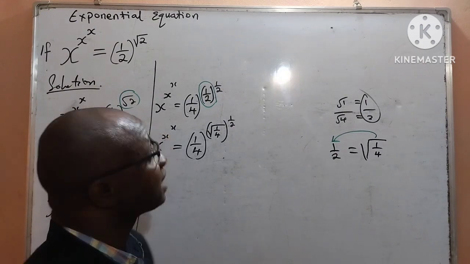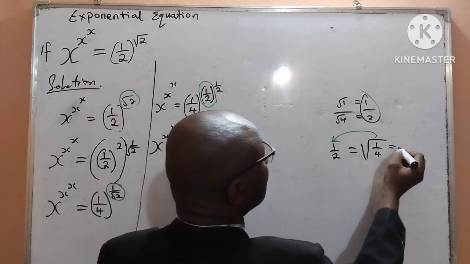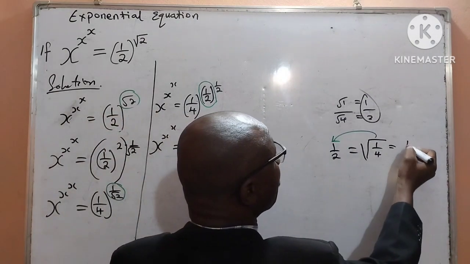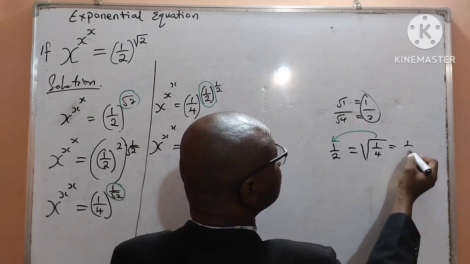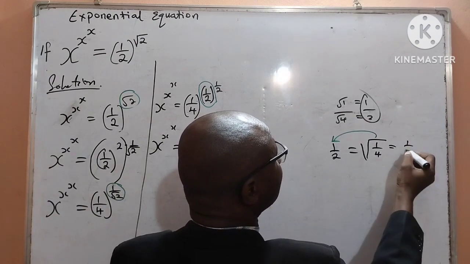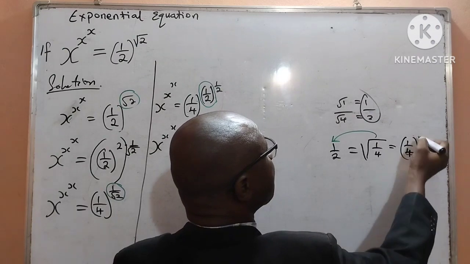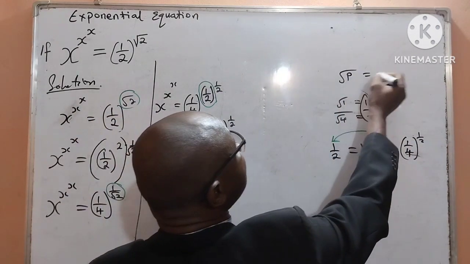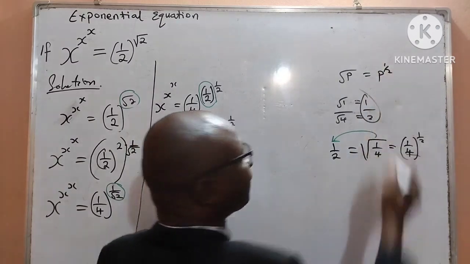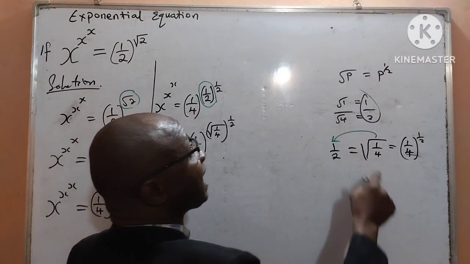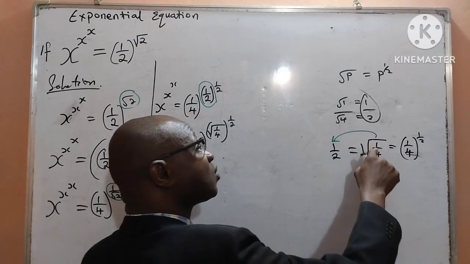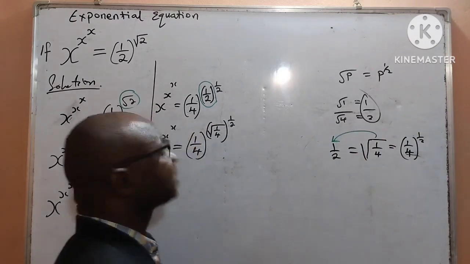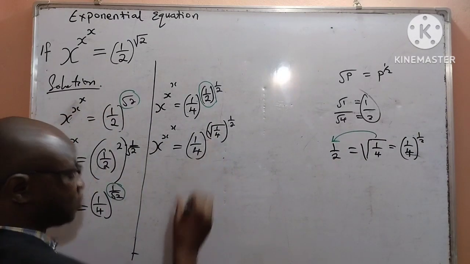You can agree with me that from here, we can change this square root of 1 over 4 to become 1 over 4 all raised to power 1 over 2, because we agree that the square root of p is equal to p raised to power half. So, I can change this square root of 1 over 4 to become 1 over 4 raised to power half.